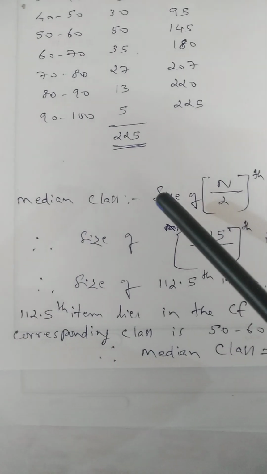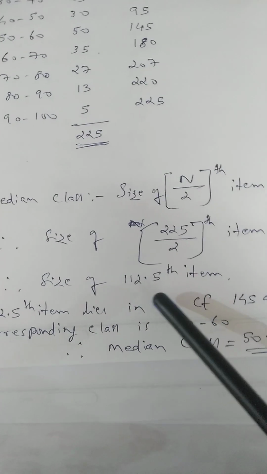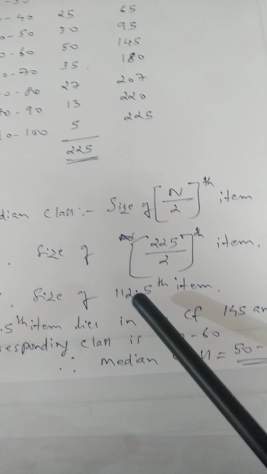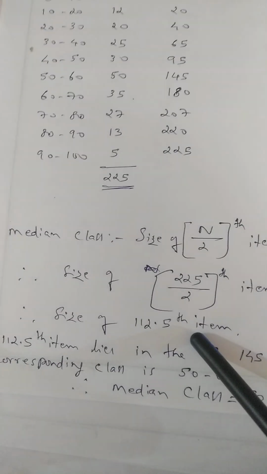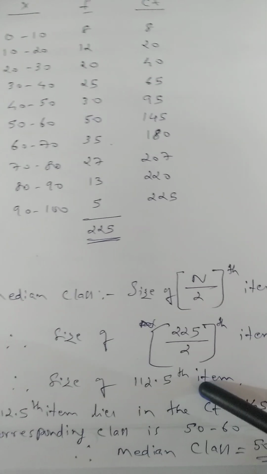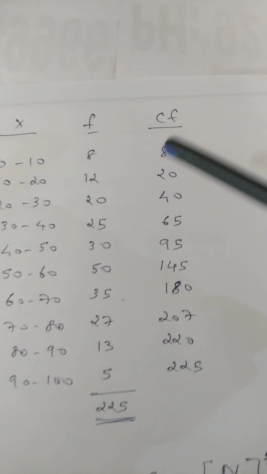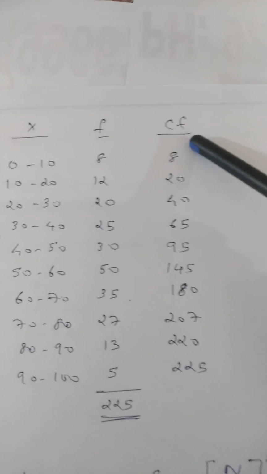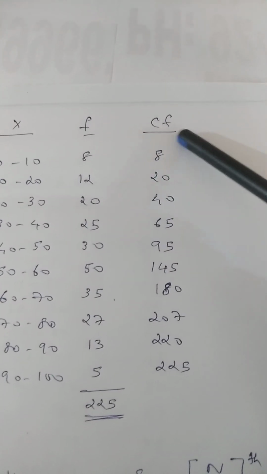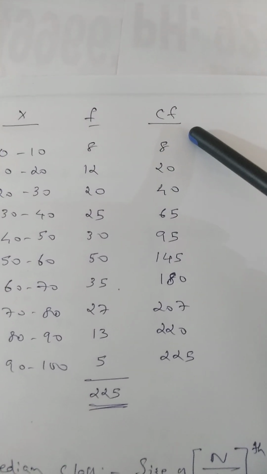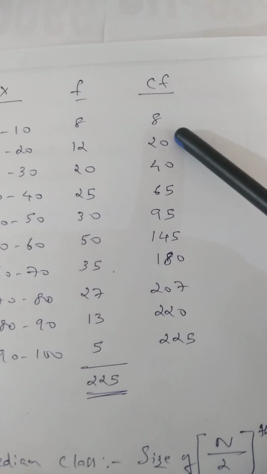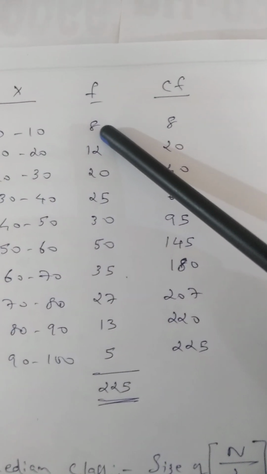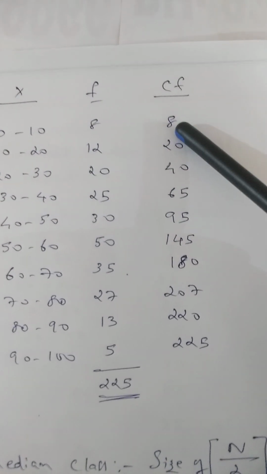That is the value of this formula. Now, to find the 112.5th item, we have to construct one more column, which is cumulative frequency column. The CF indicates cumulative frequency column. I explain how to find the cumulative frequency. The first frequency should be the first cumulative frequency.